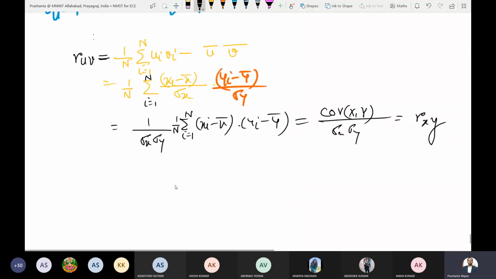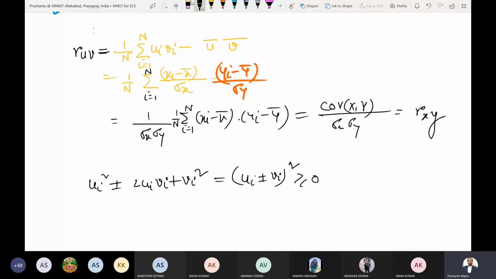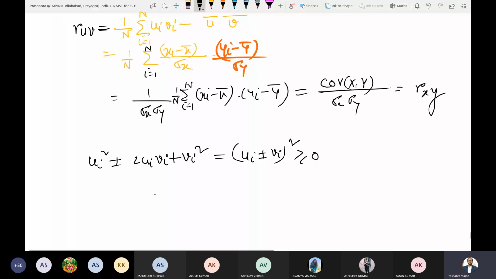Now, what about this term? u_i square plus, minus 2 u_i v_i, I do not need this to be plus minus, this is plus v_i square. What is that? This is u_i minus v_i whole square. So it is greater than or equal to 0. Now you add it for all the data and you divide it by the total number of data.